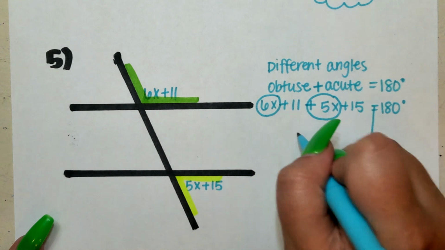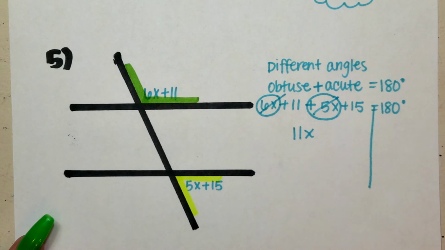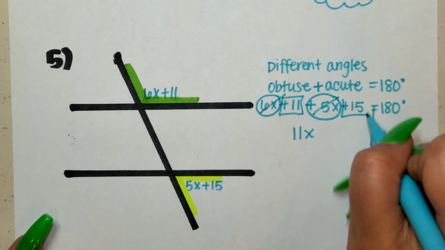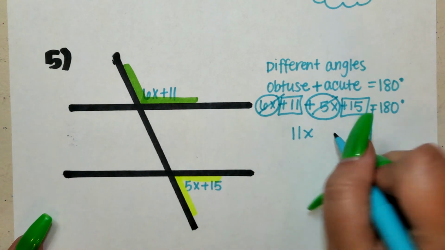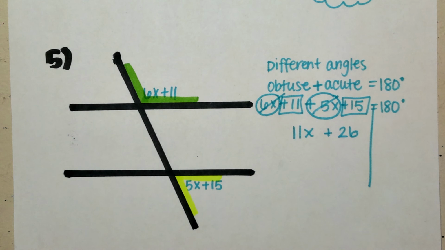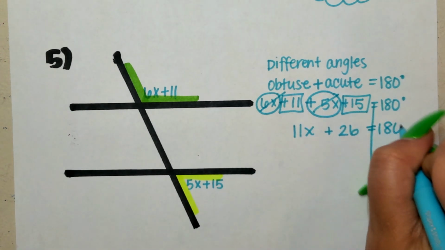So 6 plus 5 is 11x. I can cross these off. I have positive 11 and positive 15, which gives me a positive 26. And then I will bring down the 180.